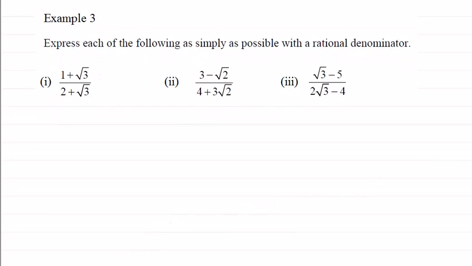Example 3, same method, multiply top and bottom by the conjugate of the denominator. Top part, you got 2 brackets this time.